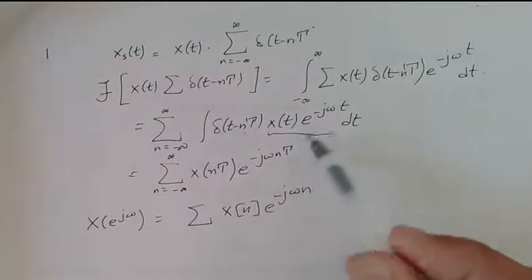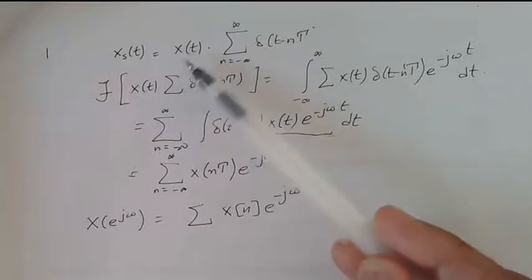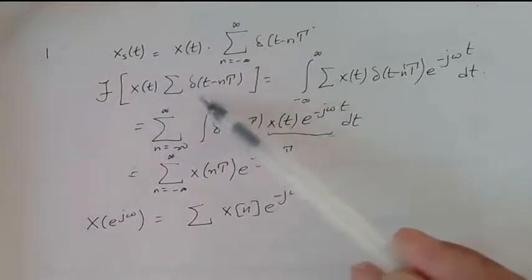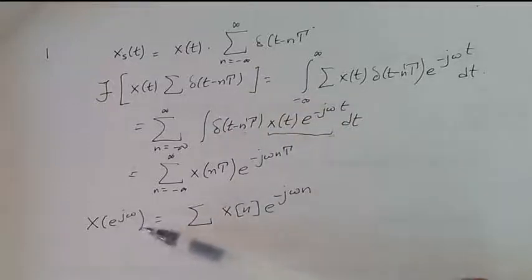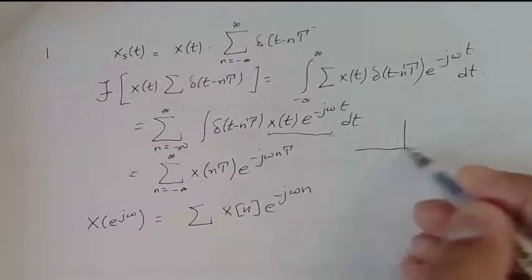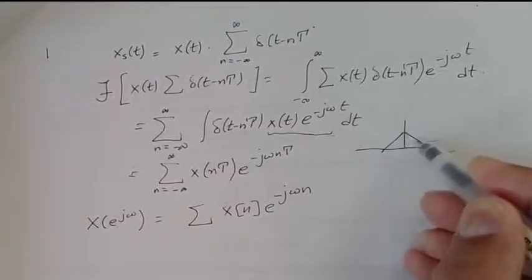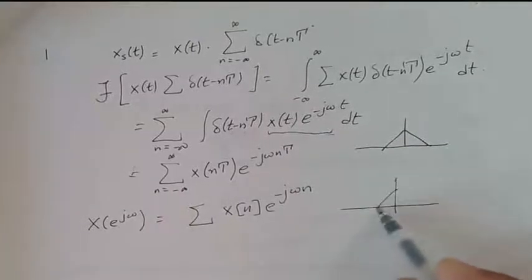And remember that because we've sampled the time function, and when you sample something in one domain, you get replicas in the other domain, x of e to the j omega is going to be periodic. So if the original x of omega looked like this, then x of e to the j omega will get replicas.